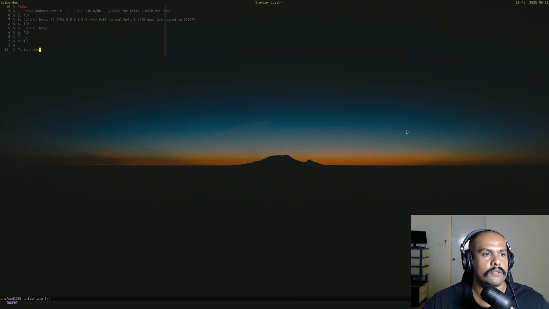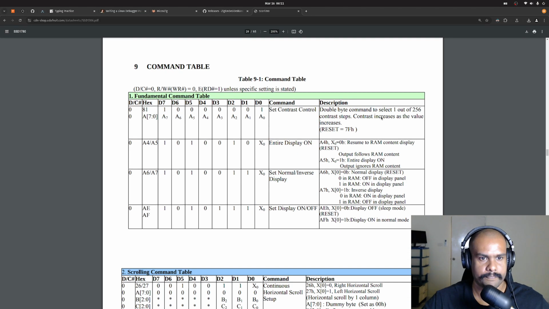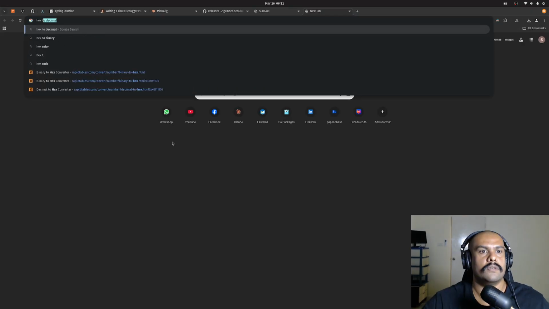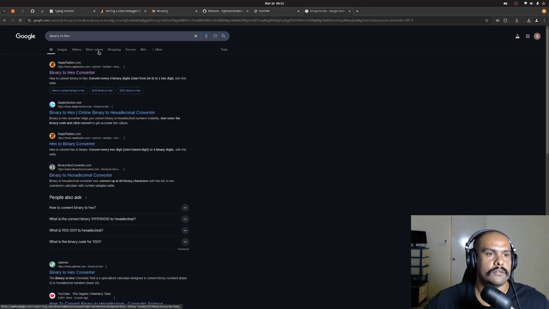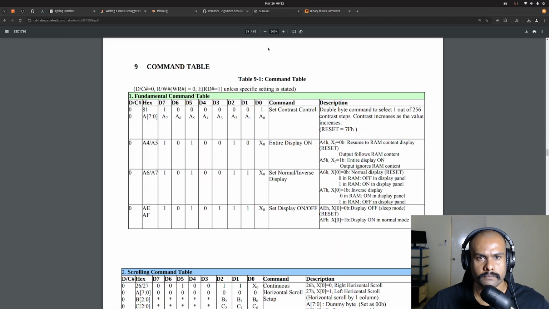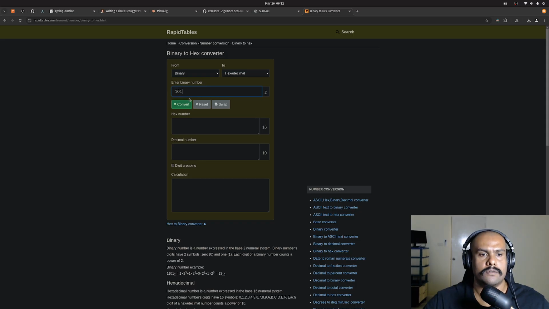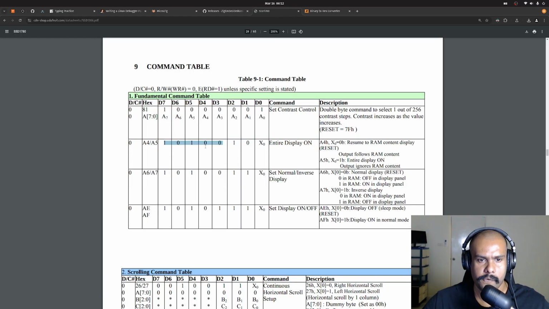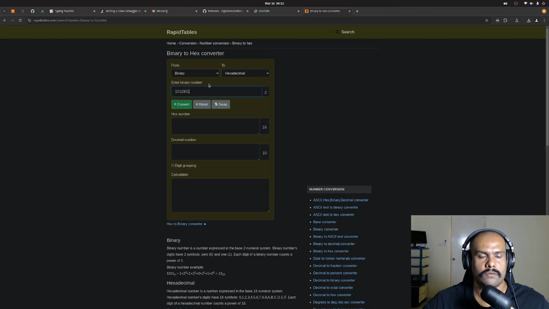To turn display on, bind to X. 1010, 1 0, and X0 1 0. There's 3 4 5 6 7. Yeah, okay.